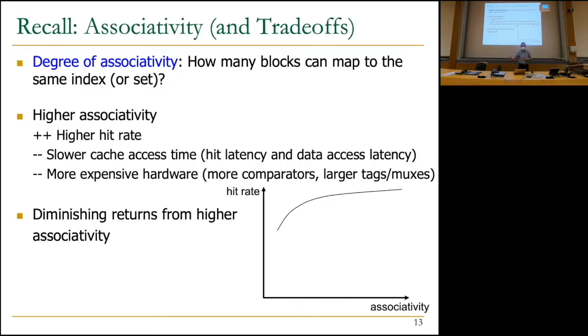As you increase associativity, at some point your hit rate may jump from 0% to 100%. Why? Because you may be thrashing in all of your sets if you're, let's say, 4-way associative. But if you had 8-way associativity, you wouldn't be thrashing anymore. You would accommodate all of the conflict misses. Your hit rate in the steady state may jump to 100%, right? So different workloads behave very differently.